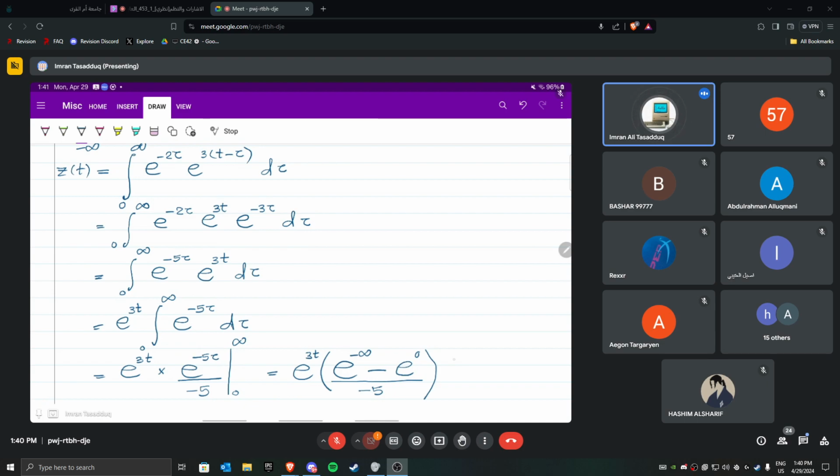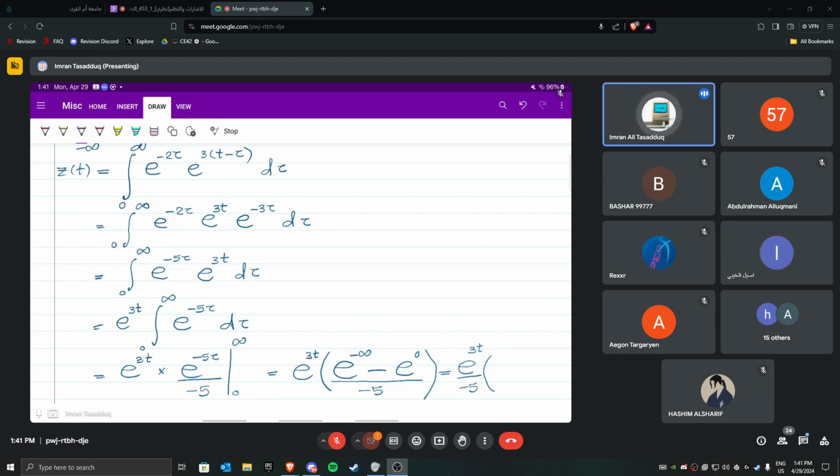And then this is equal to e to the power 3t divided by minus 5. What is e to the power minus infinity? This is 0. We have done it many times, right? Yes, 1 over e to the infinity. Exactly.